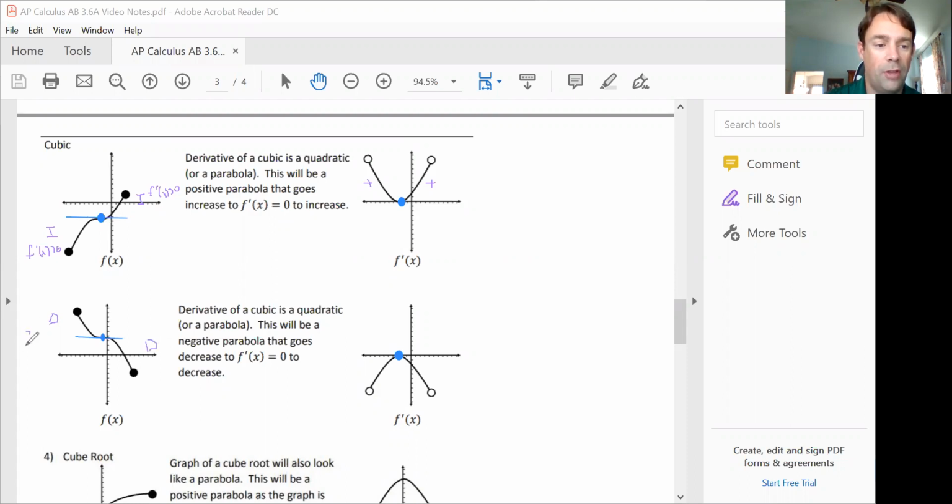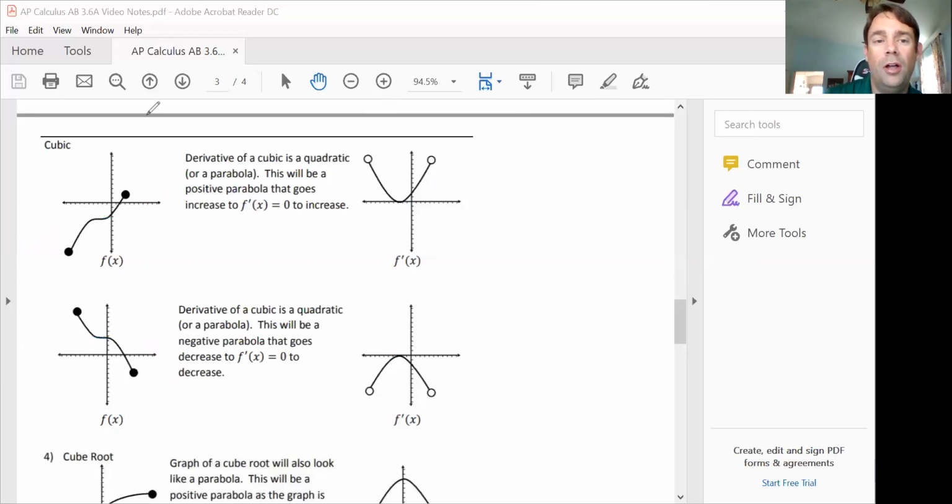In other words, it has a slope value that is less than 0 and a slope value that is less than 0. So it went from a negative derivative up to our x-intercept to a negative derivative.